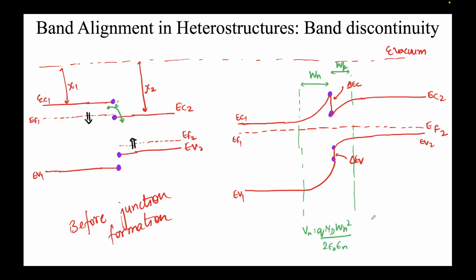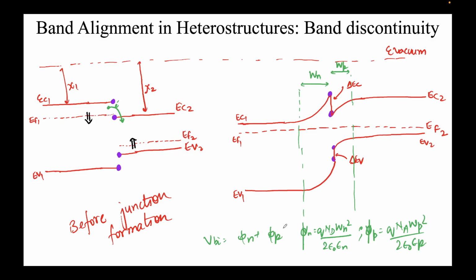This is the similar trend that we had seen for the PN junction. The derivation remains the same, and phi p will be equal to Q Na Wp square over 2 epsilon naught epsilon p, and the total built-in potential will be nothing but the sum of these two. That's the story that I wanted to convey over here.